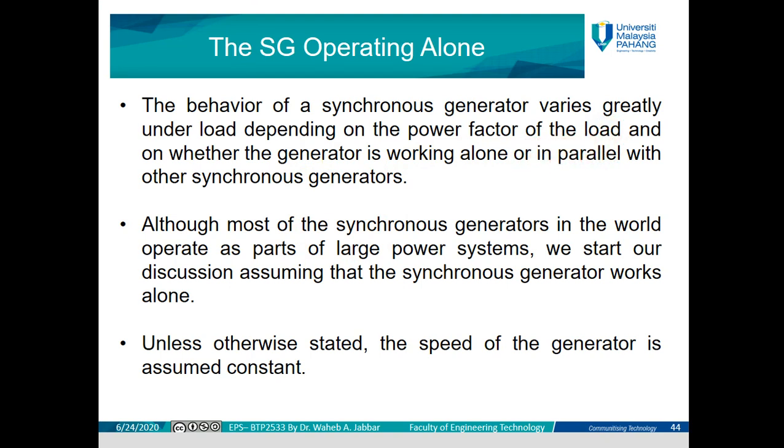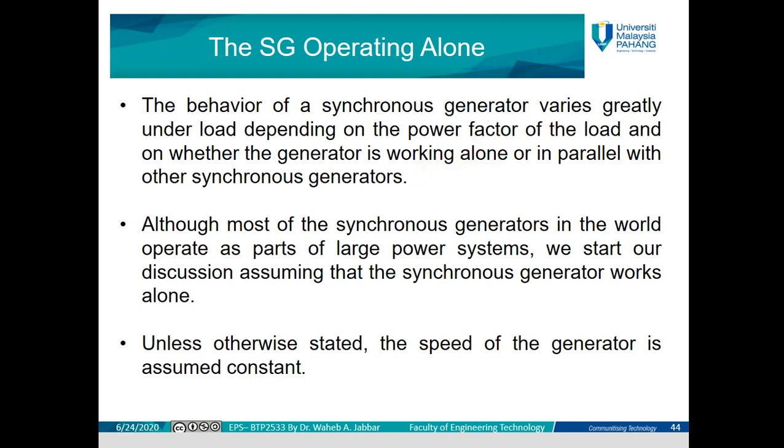The output of a synchronous generator is electrical power, and this electrical power equals 3 V line I terminal, or I line, cosine theta, the power factor. So the value of the power factor of the load will affect the behavior of the synchronous generator.